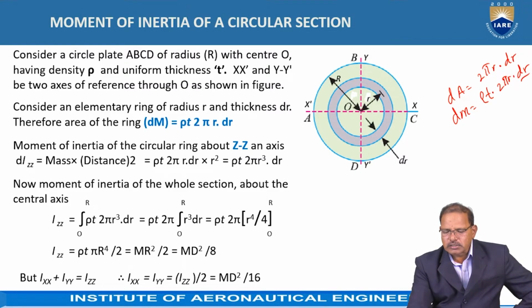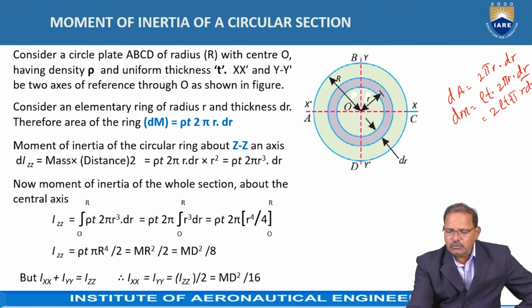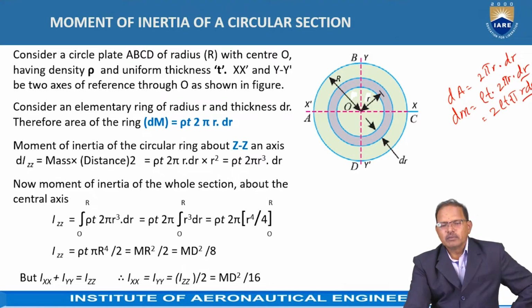So it can be written as 2 rho T pi, which are constants, and the remaining r into dr are the variables.